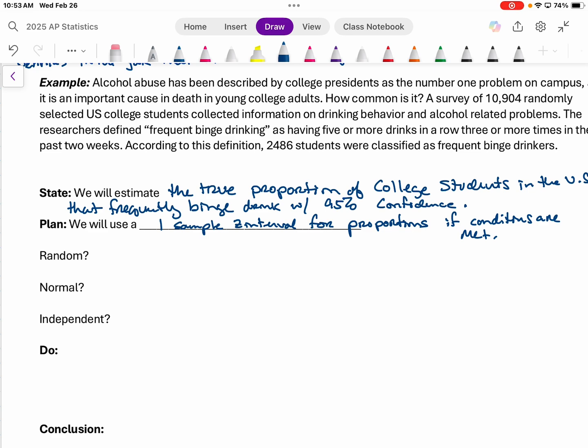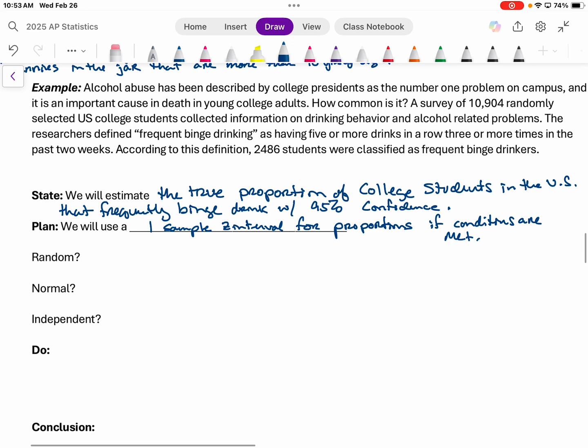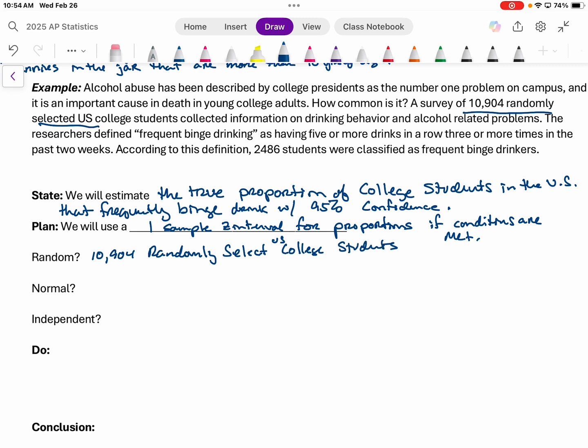So for random, they tell us here 10,904 randomly selected U.S. college students. All right, normal.